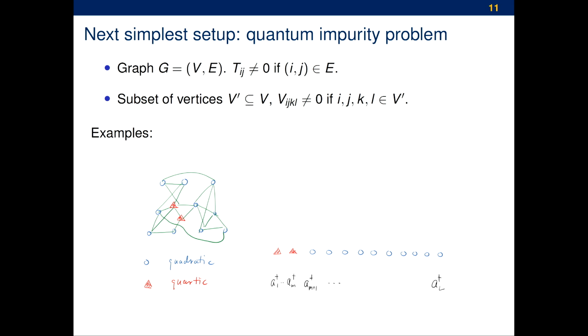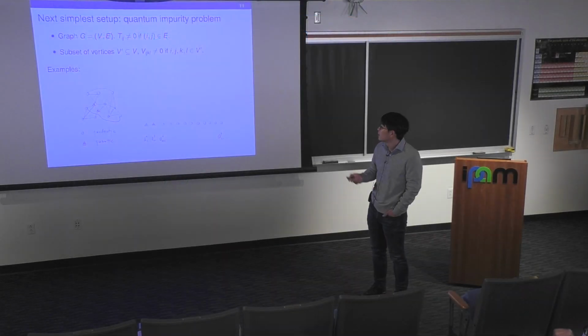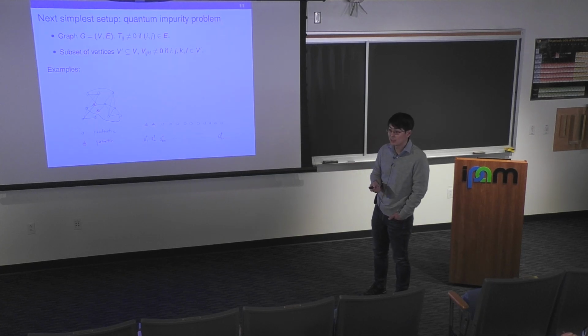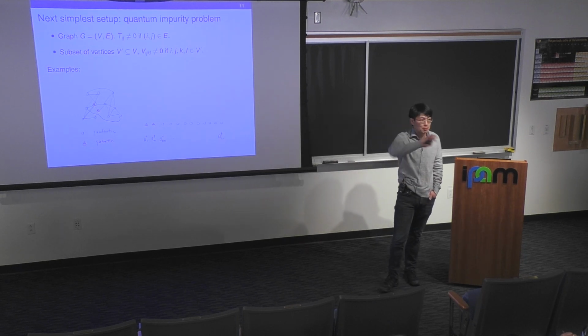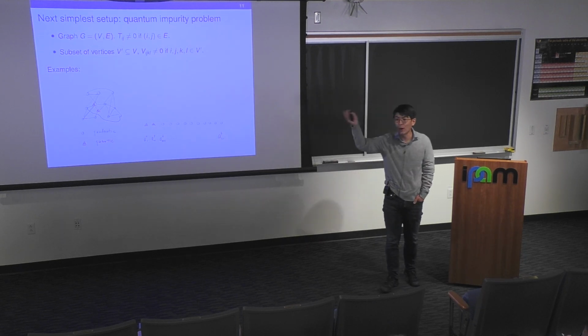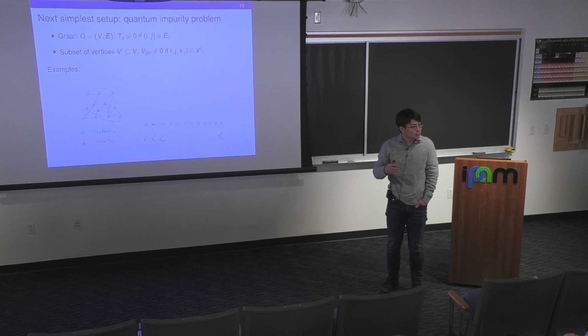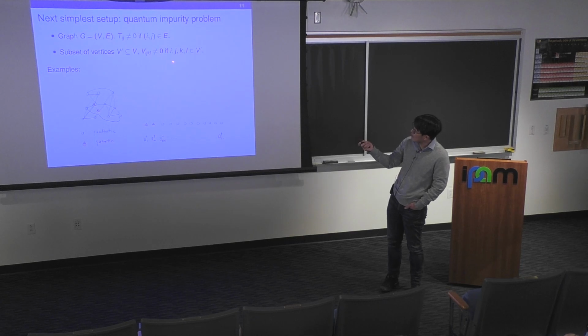I also want to define a subset of vertices. Let's say, without loss of generality, the first M vertices. Among those, there are quartic interactions. Certainly not general. For general quantum many-body problems, it's a full graph. But to make it simpler, I want to say that the quartic interaction only happens to indices within a subset of the vertices.